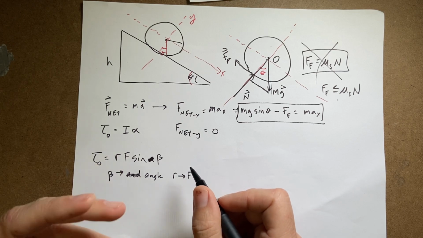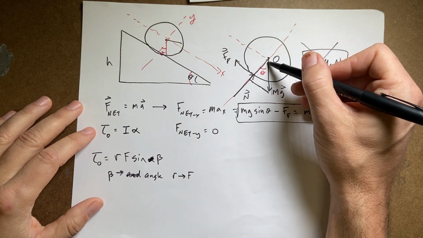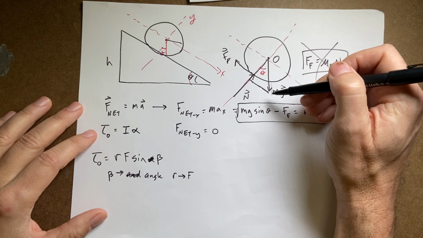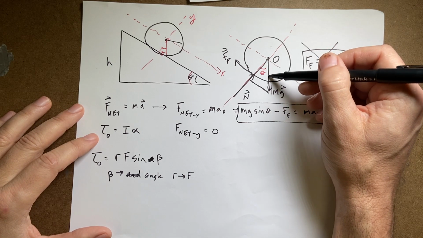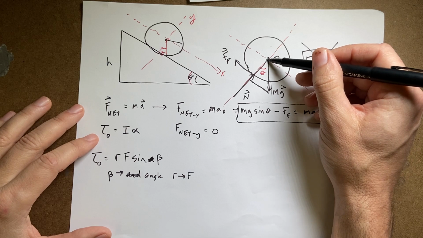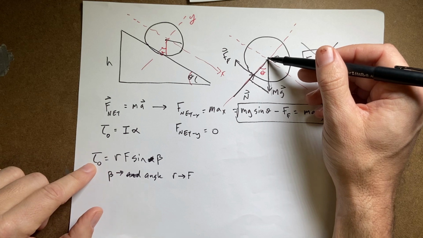Okay, so let's look. We have three forces, so we have three torques we have to consider. First of all, this gravitational force. What is the torque due to the gravitational force? Well, it passes right through the point of contact. So for this one, R is equal to 0. And if R is equal to 0, the torque is equal to 0.